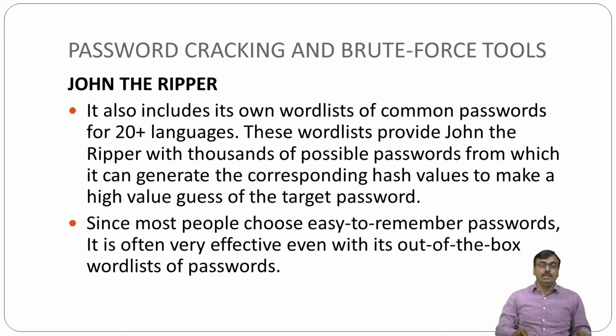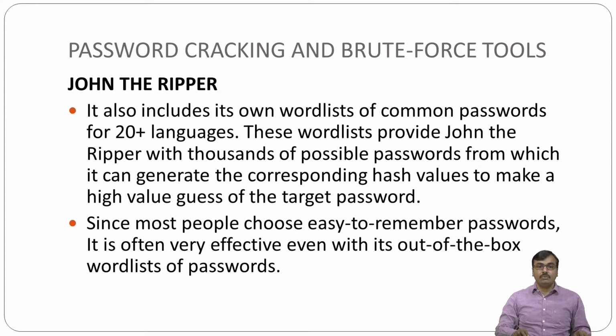The John the Ripper tool also includes its own word list of common passwords for 20 plus languages. Actually, more than 20 languages can be supported in the JTR tool.